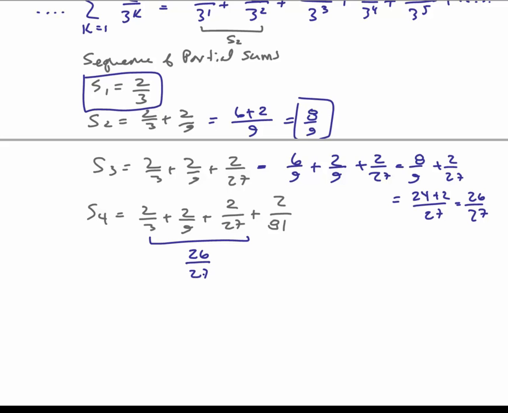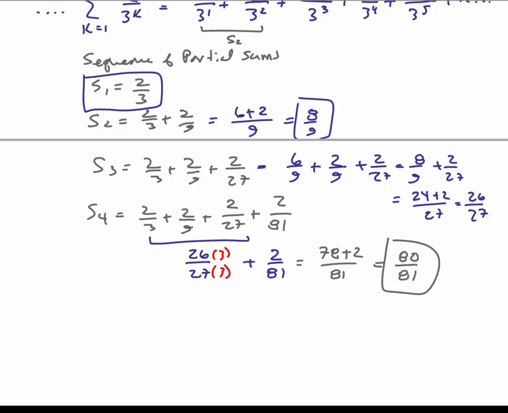It was 26 over 27, and I need to add 2 over 81. 27 times 3 is 81, so I'll multiply top and bottom by 3. 26 times 3 is 78, plus 2 over 81, so I get 80 over 81.